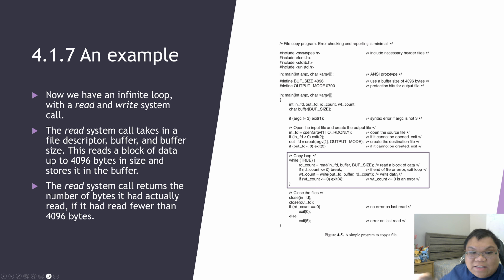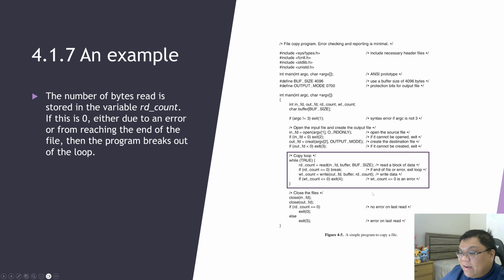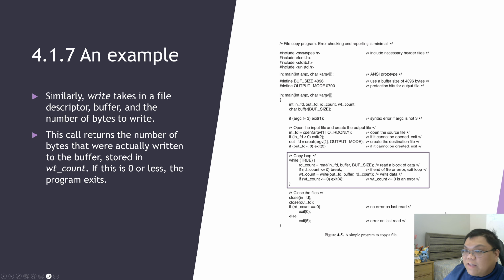Once that's the case, the program breaks out of that loop, and finally we can close our input file and our output file. If the read count was 0, then the program exits normally, but if it was less than 0, then there was an error with trying to read from the file, and the program exits with an error code. So that's our example program.